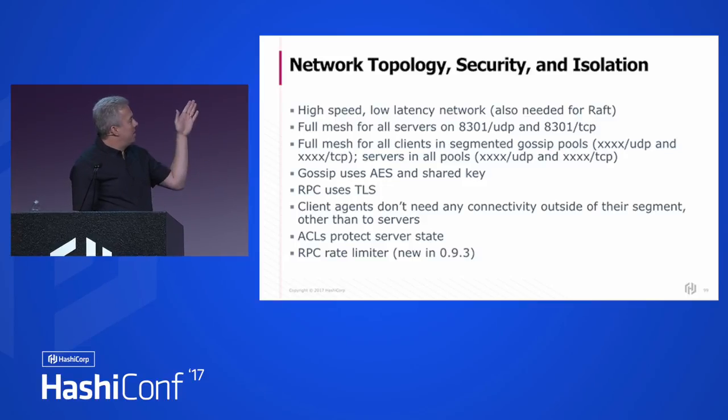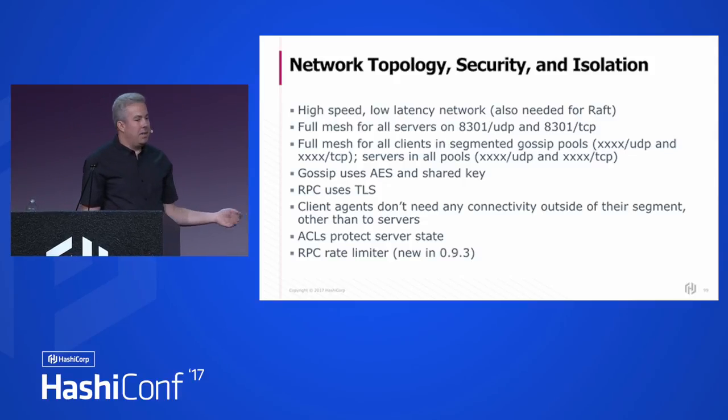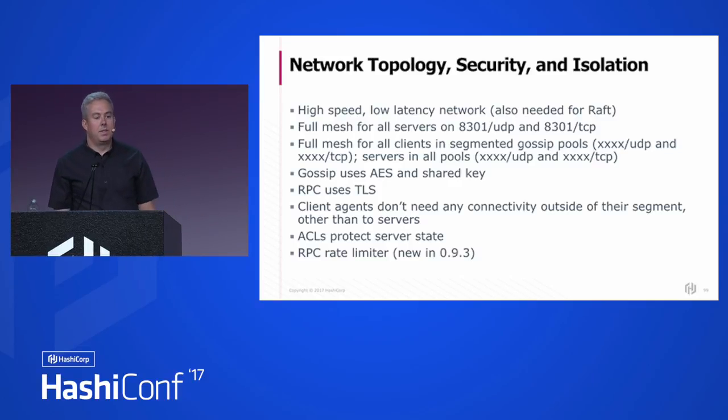So it's all really similar to what LAN gossip requires, except that each segment is on its own port. Encryption's the same story, TLS is the same. The client agents don't have to have any connectivity outside of their segment except to the Consul servers. So they're each in their own isolated pools.